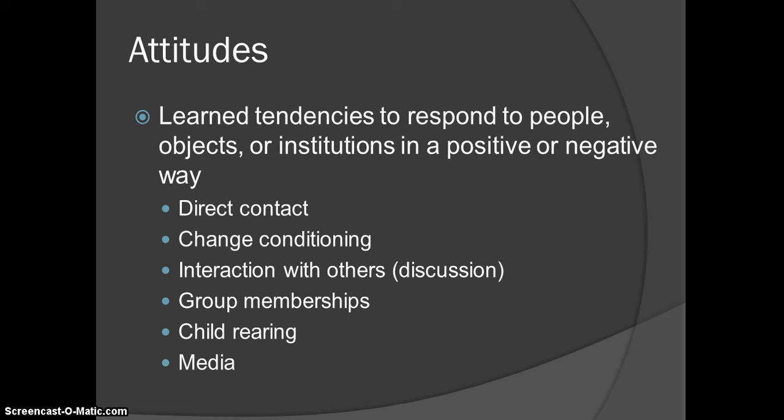Classical conditioning, interaction with others, group memberships. Potentially we might not like a person because they are rooting for the sports team that we don't like. We might have a negative attitude towards that person just based on that. And also charity and media can influence us as well.